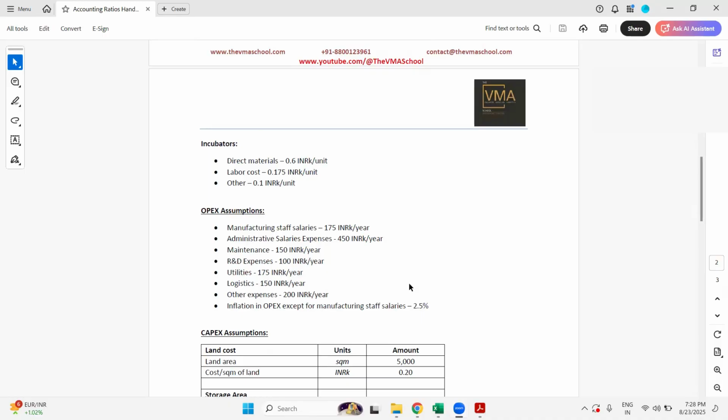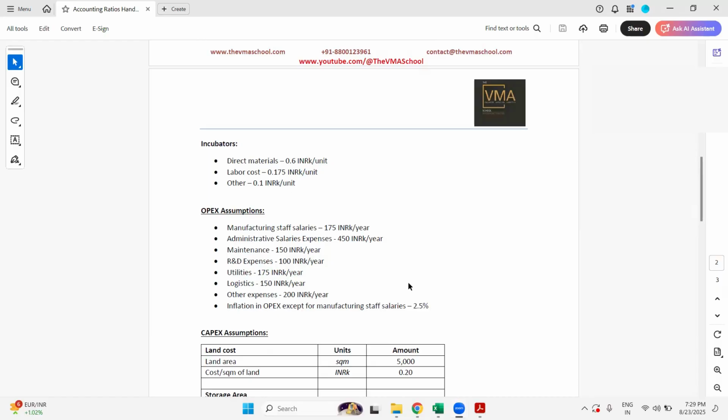Now again you are worried. Now what should I do? And you must be wondering what you did wrong. So guys, you can make a mistake here: there can be a chance that candidates inflate the manufacturing staff salaries also.